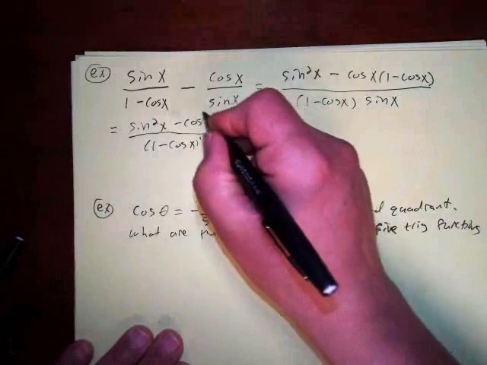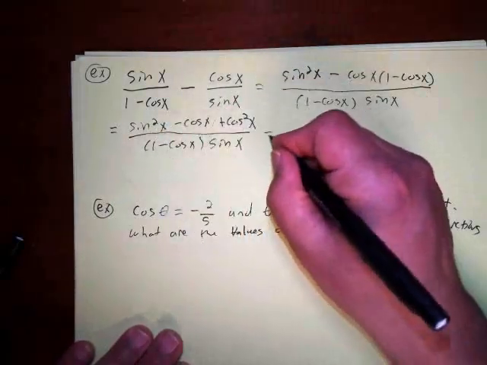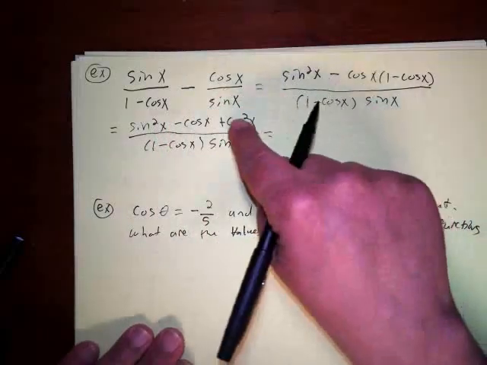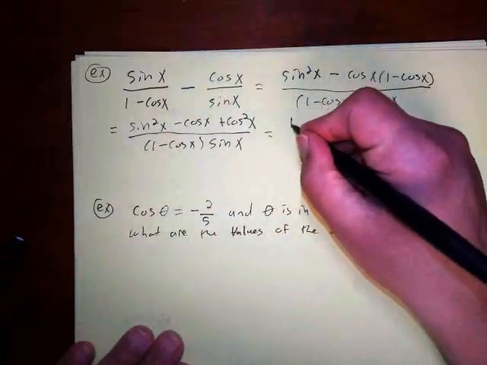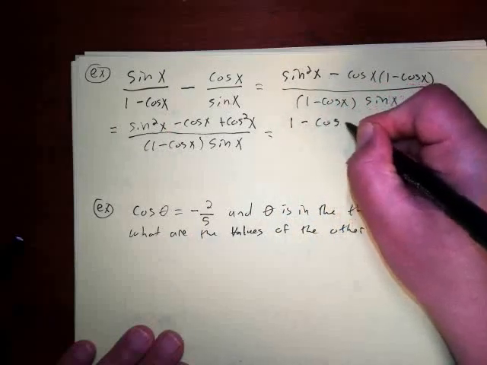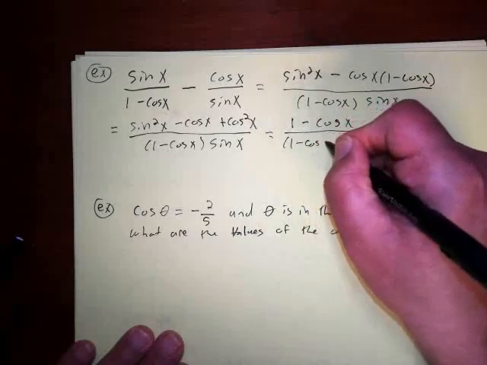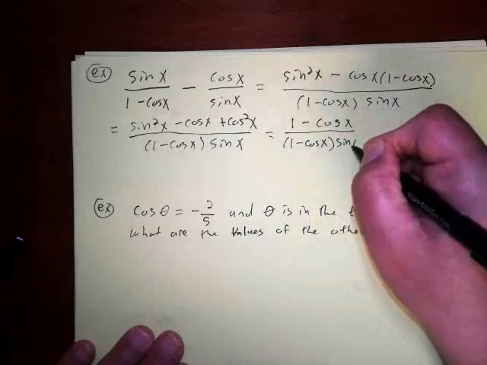Okay, now I can bring these two together, and then I get sine squared x plus cosine squared x, and that would just equal 1. So just by commuting that around, I get 1 minus cosine x all over 1 minus cosine x times sine x.